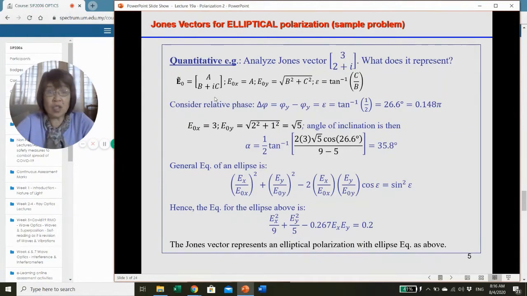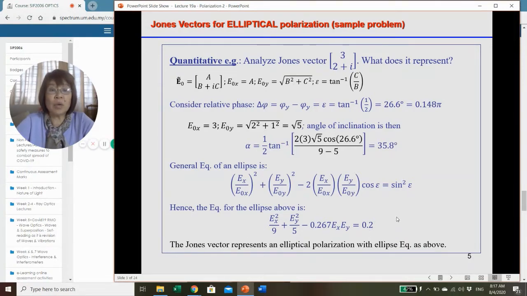So substituting that into the equation for the angle, you can get the value of alpha to be 35.8 degrees. So the general equation for this ellipse would then be written as Ex squared divided by 3 squared, which is 9, plus Ey squared divided by 5, minus, now this ratio, you multiply these two values and take the reciprocal, multiply by 2, and then also multiply by cosine of epsilon, that will give you 0.267, and that is equal to sine epsilon squared, so that's 0.2.